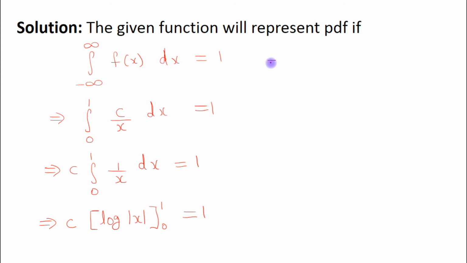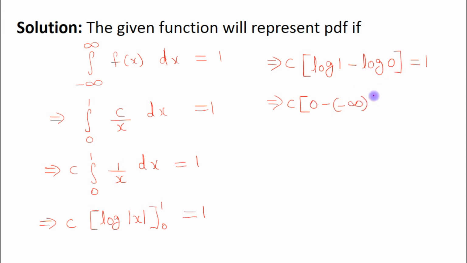Next step, c. Now we will put these limits, so it will become log 1 minus log 0 equals 1. In the next step, c times log 1 is 0, minus log 0 is minus infinity, equals 1.